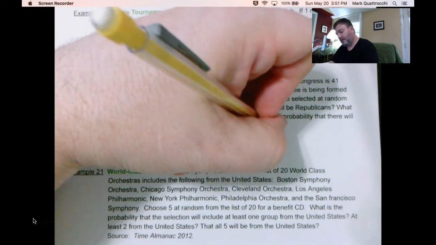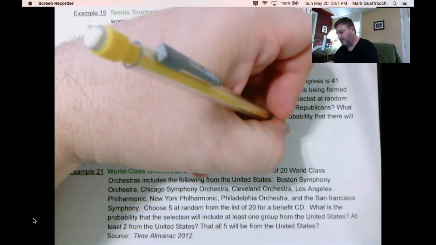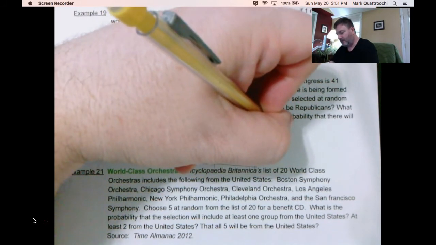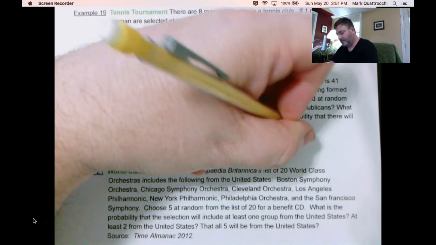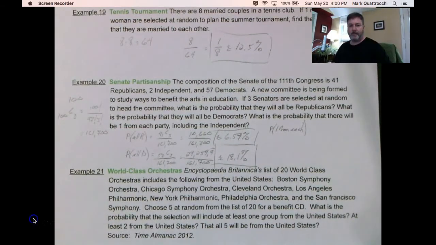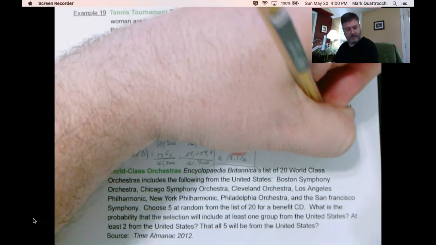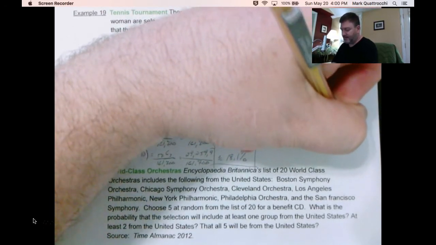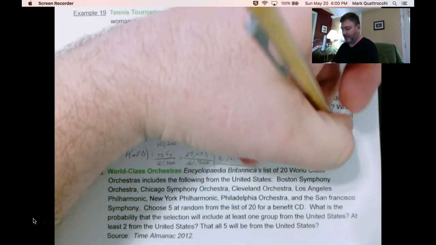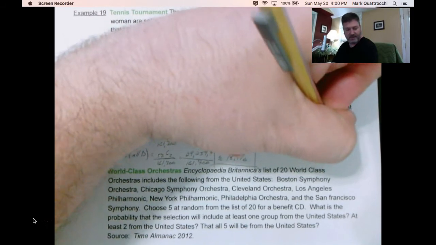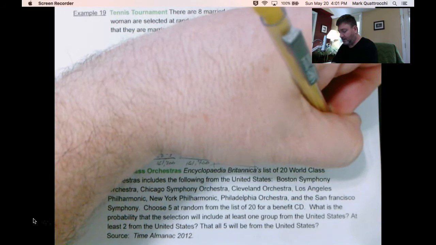Now, the tricky one is the probability that we get one from each. There are 41 Republicans, 2 Independents, 57 Democrats, divided by the 161,700.